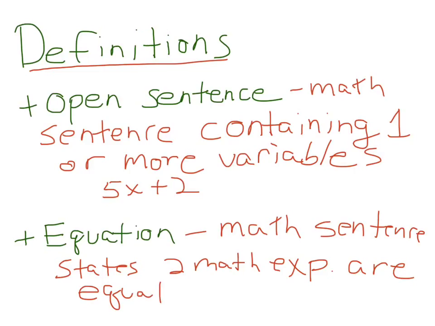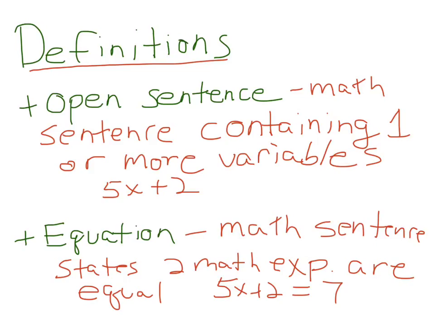So pretty much an equation is anything that states equality between two math expressions. So something like 5x plus 2 equals 7. Both sides of that are math expressions, and they're separated by an equal sign, so it's stating that they are equal. We're going to see some examples of both of these things in the examples that we're talking about.